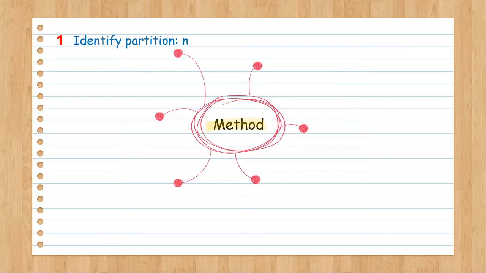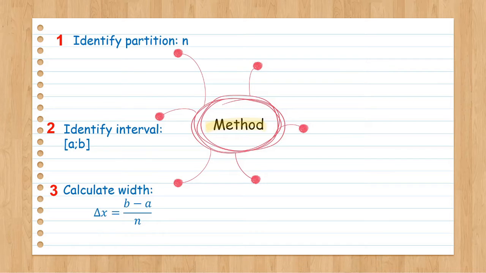Step 1. Identify the partition, which is n. Step 2. Identify the interval [a, b]. Step 3.